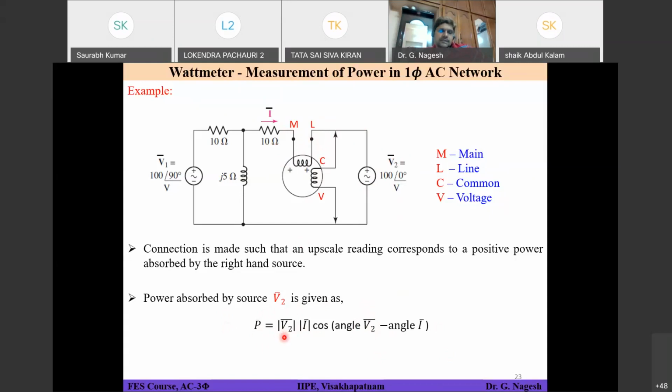That means the power which you are calculating and the power which is shown on your wattmeter screen physically will be the same. Is it clear? So basically you have to remember the M, L, C and V terminals, and connect accordingly in your circuit so that a reading proportional to the power consumption will be shown on your screen.